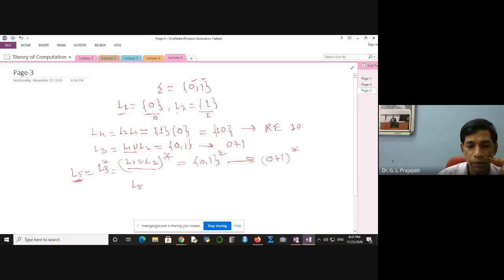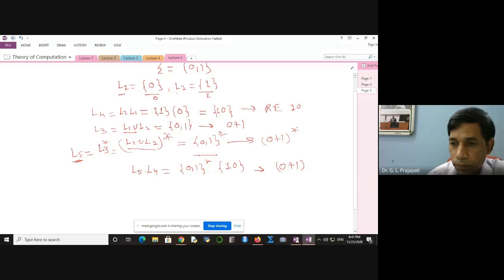So L5 concatenated with L4, what are you going to obtain? L5 we have as 0, 1 Kleene star, and then you are going to concat with L4, which is 10, and this is the regular language and the corresponding regular expression.